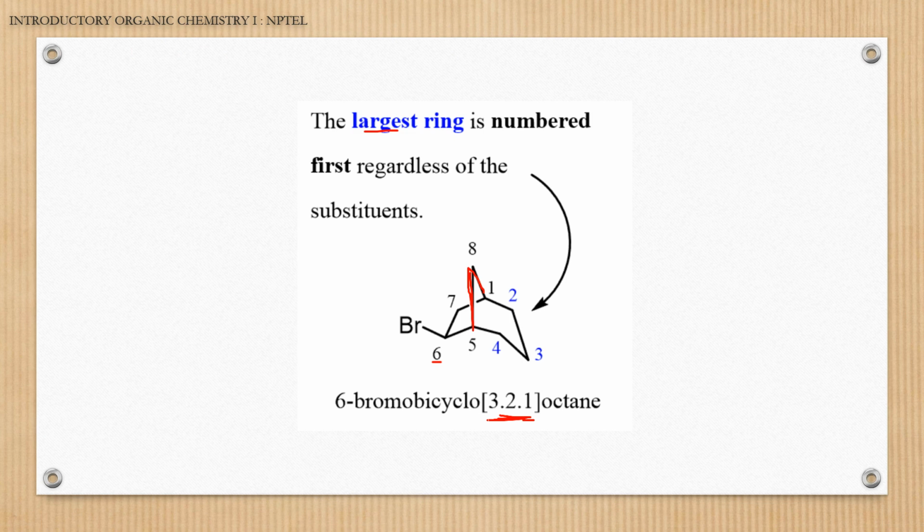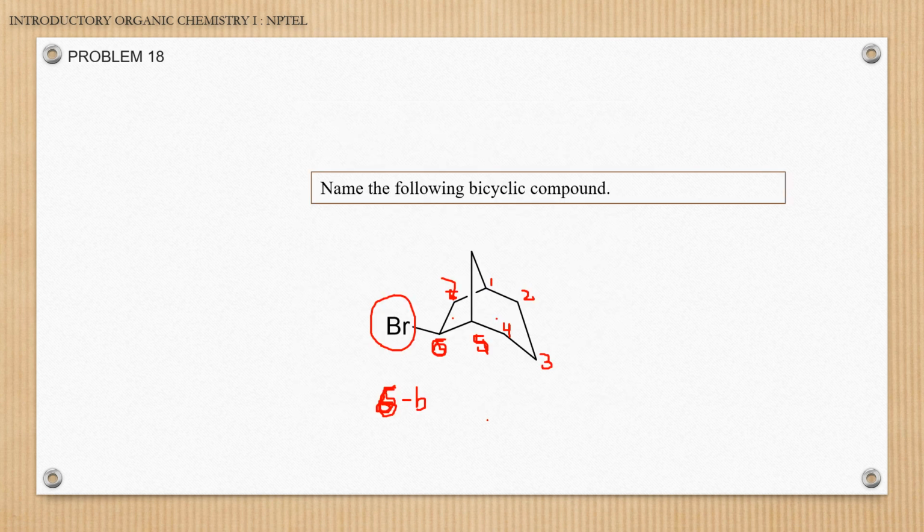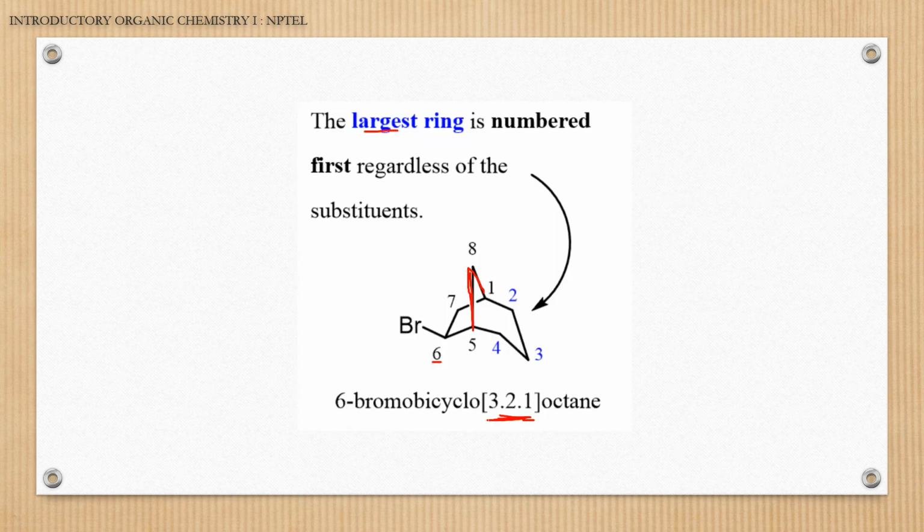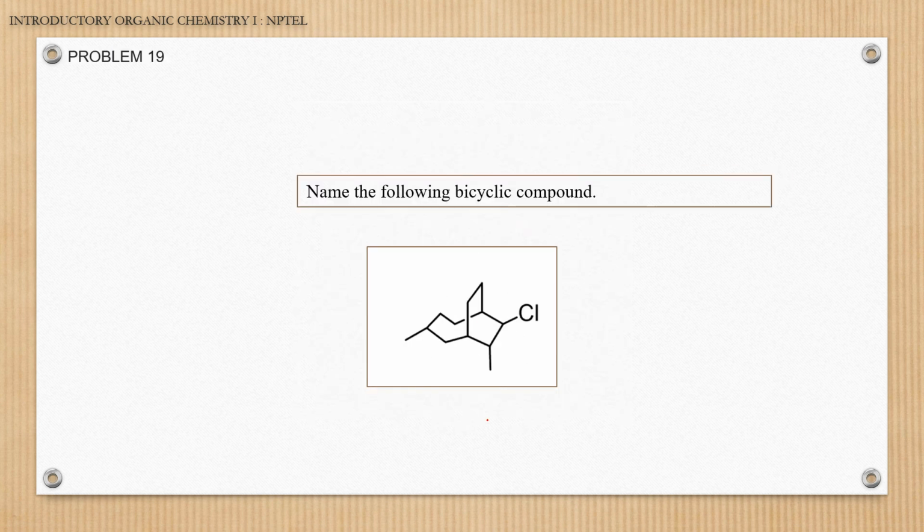Is it clear to all of you up to there? Any confusion, anything which is not clear up to this question? It is clear. Okay, so if it is clear, then I have another question based on the same line. You have to name this particular system.